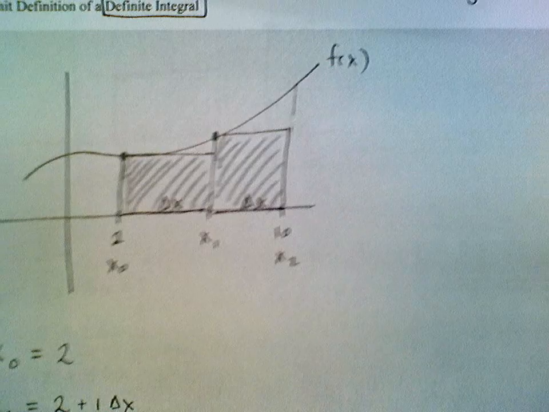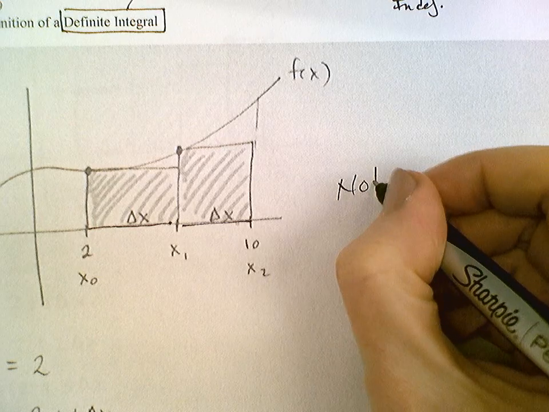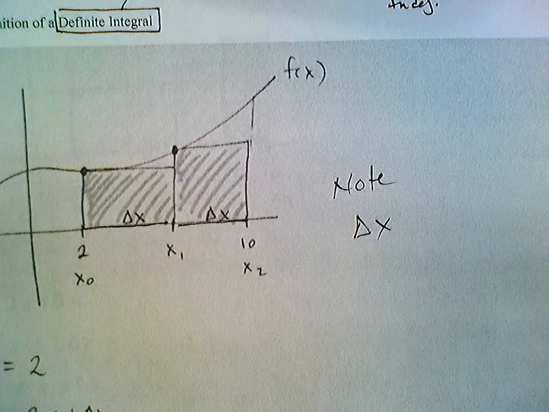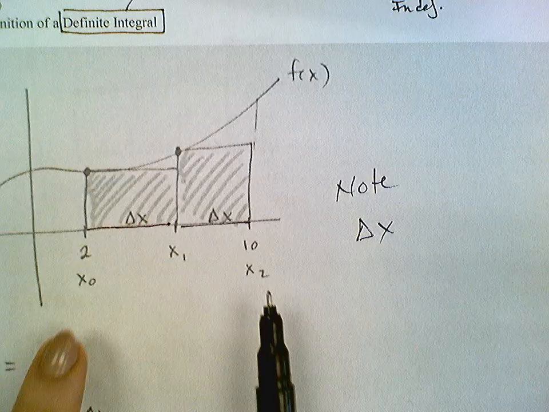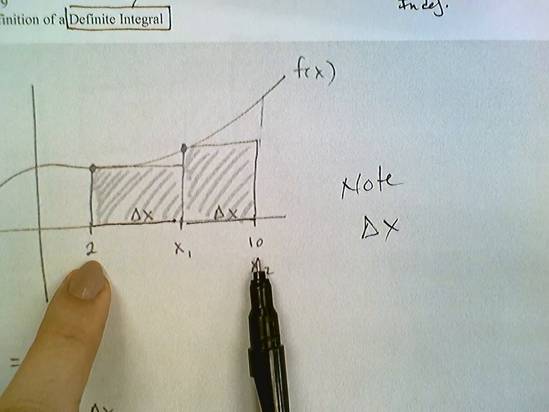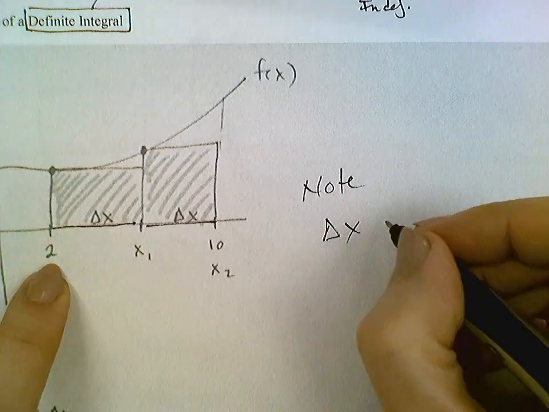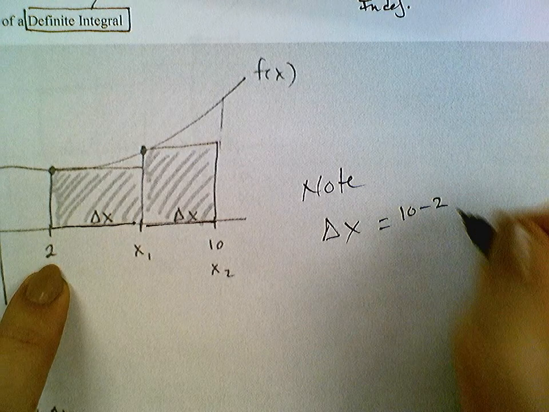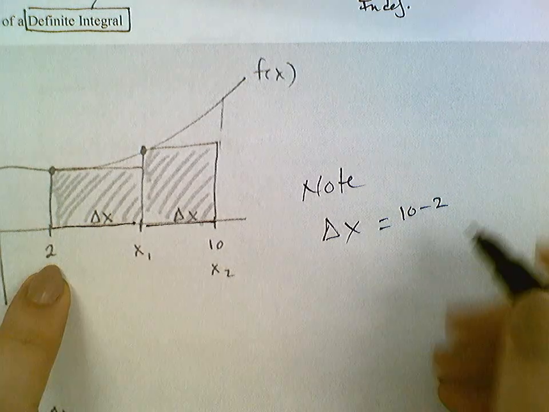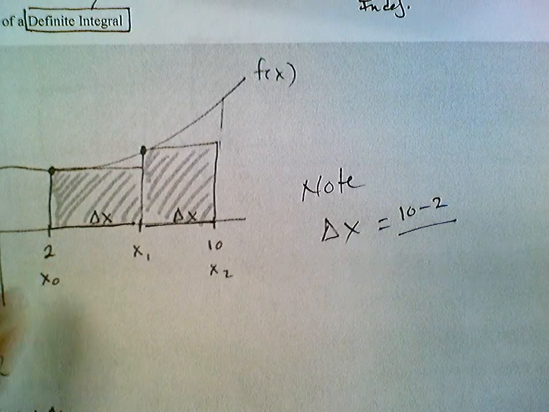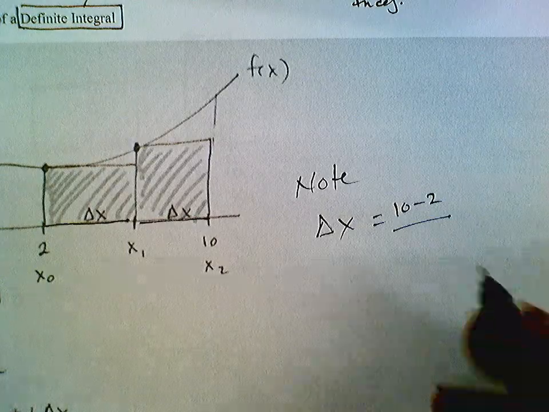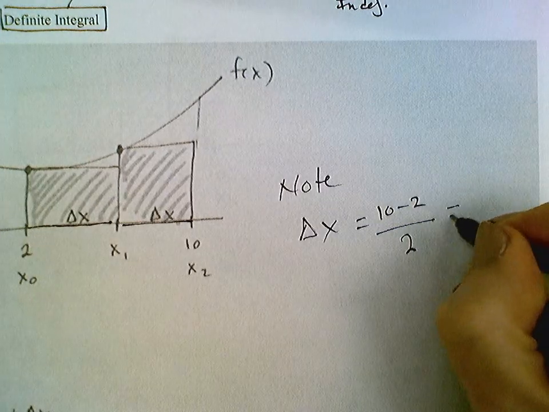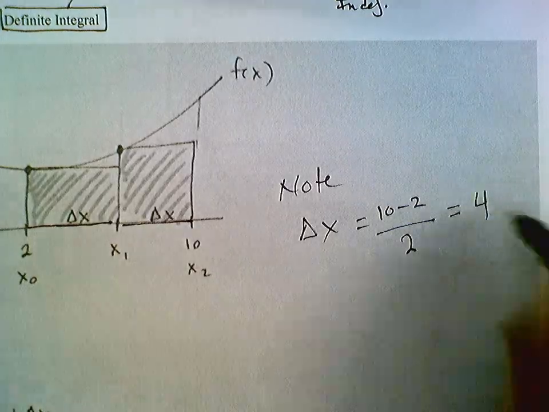Just a little note here. Delta x, in this case, is the entire length of the interval, which is 10 minus 2, because it's 8 units between them, divided by how many subintervals, so 2. So this is 8 over 2, which is 4.